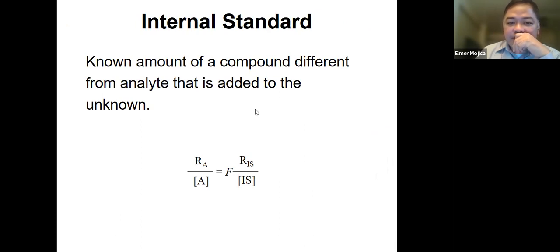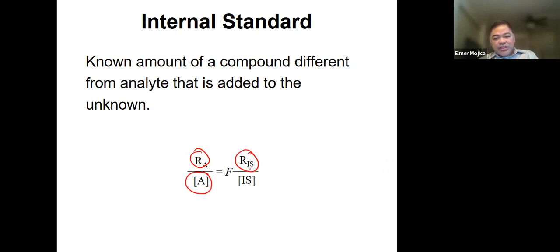So the internal standard is usually used to monitor that whenever you inject sample, you are sure on the accuracy that you get, because what you have here is a ratio and proportion of your internal standard with respect to your analyte.